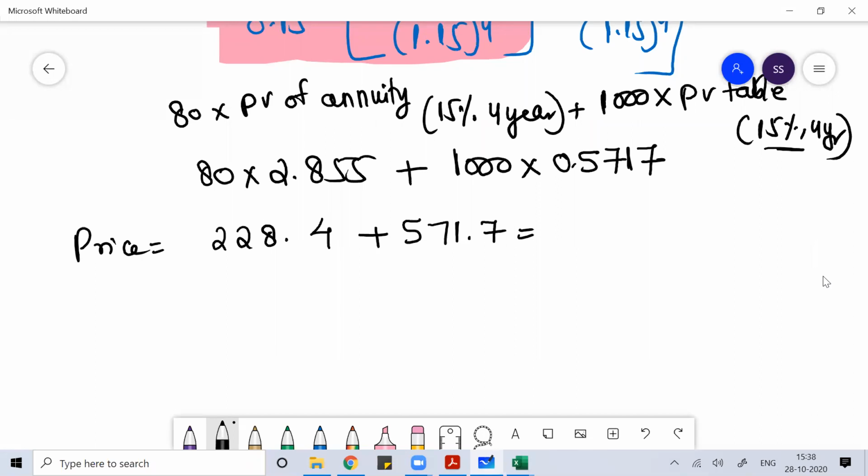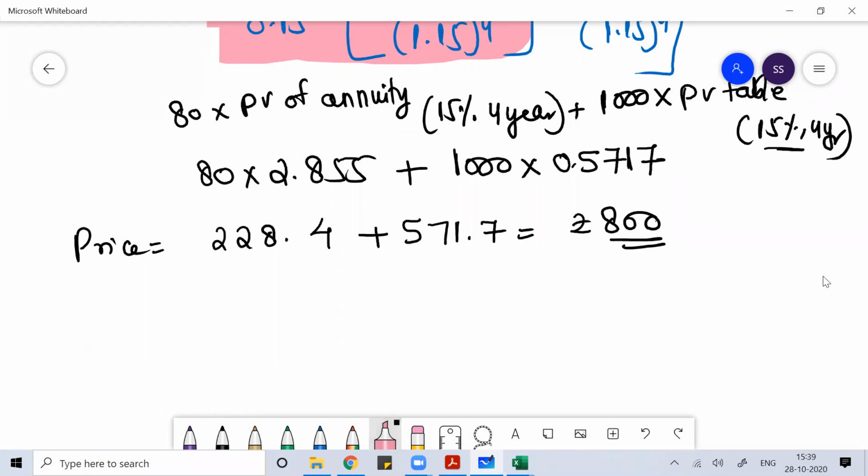Adding them, the price of the bond is 800 rupees. So here, if I take 15%, I get the price of the bond as 800 rupees.